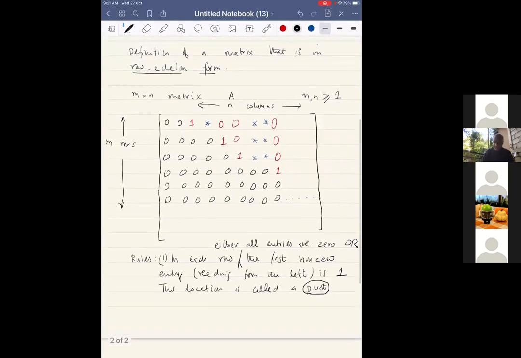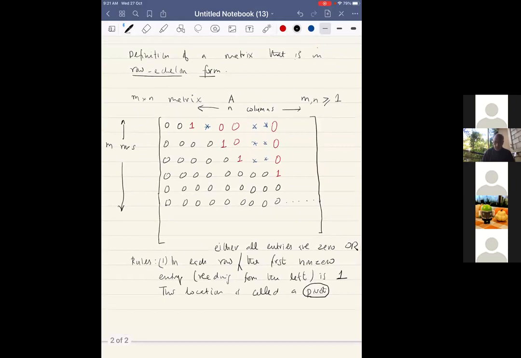So if you go down from the top, this is the way you should approach a matrix to see if it's in row echelon form: go down from the top row and inspect each row. If the row is entirely zero, so let me put such a row at the bottom here.